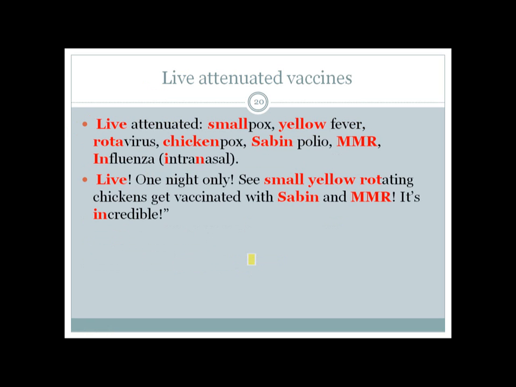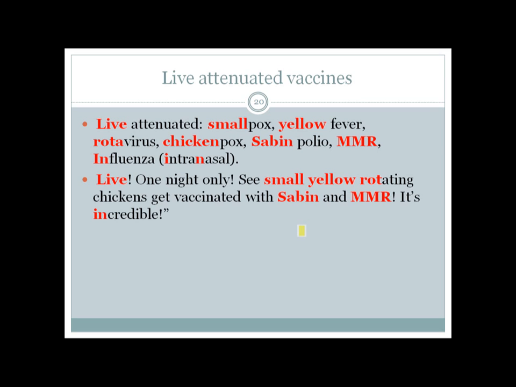So you have to remember the common live vaccines used in clinical practice, and for that you can fantasize a situation. Suppose you are in a tent and you have a poultry farm close to you, and you are shouting out "leave, one not only," and telling another person beside you, can you see these small yellow rotating chickens which are getting vaccinated with Sabin and MMR?